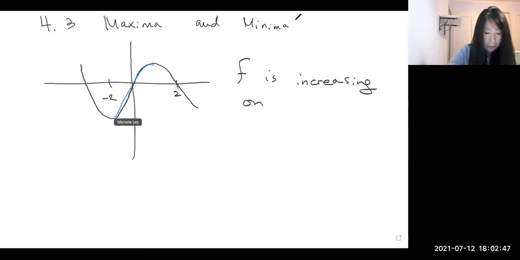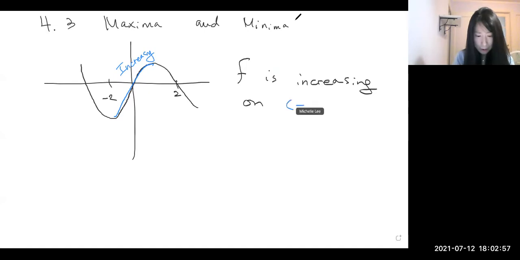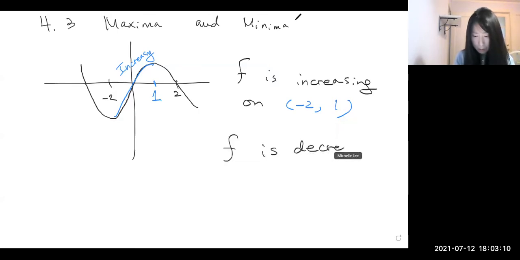So increasing. So it will be -2 to, oops, maybe we said 1 there, so 1, right? How about decreasing? F is decreasing on where?